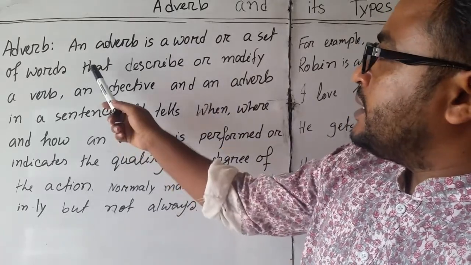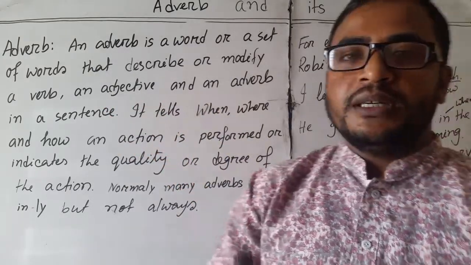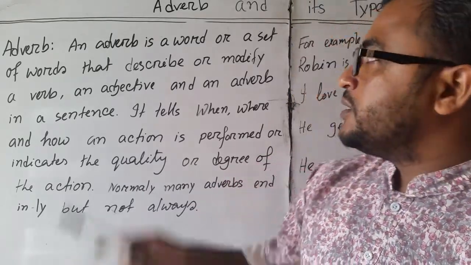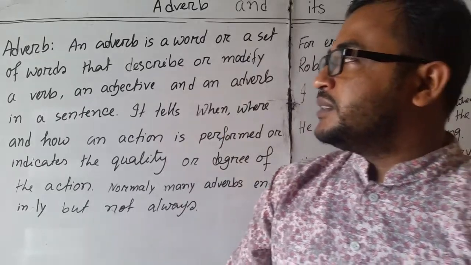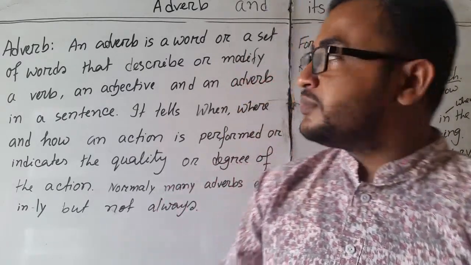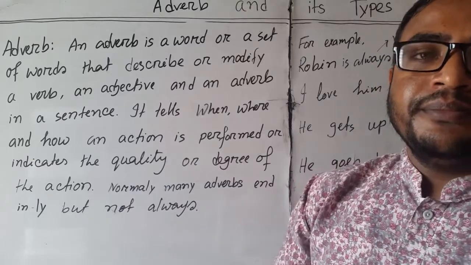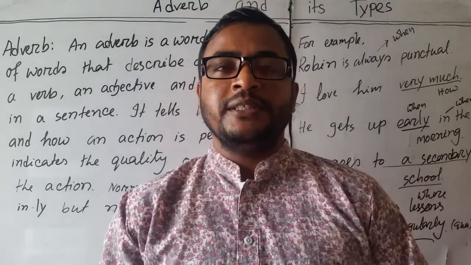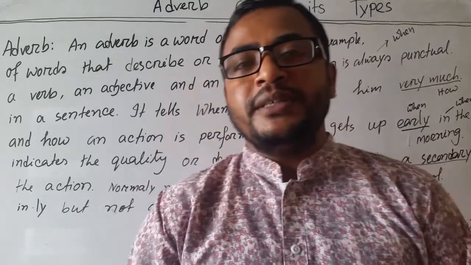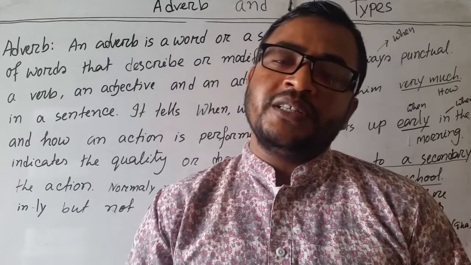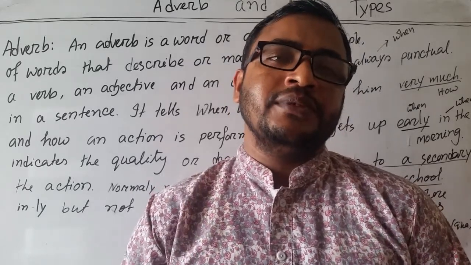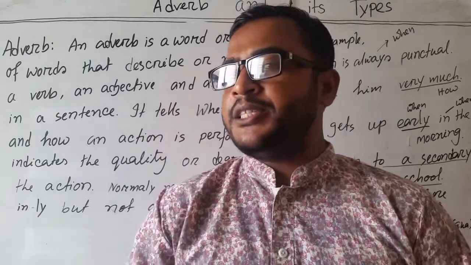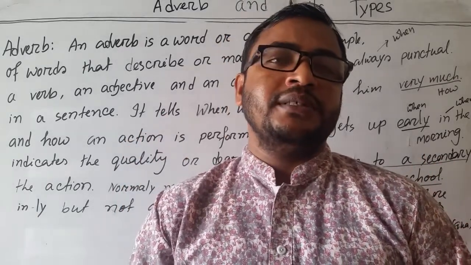An adverb will describe or modify a verb, an adjective and another adverb. That means an adverb is a word or a set of words that describes or modifies a verb, an adjective and sometimes an adverb.